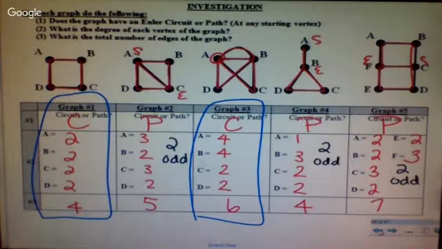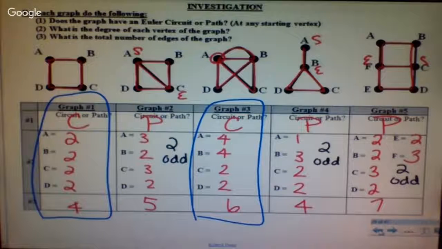Okay. Also, take a look. Graph number 2. I said we started at A and ended at C. A is 3. C is 3. Take a look here. We started at A and ended at B, 1 and 3. We started at C and ended at F, 3 and 3.